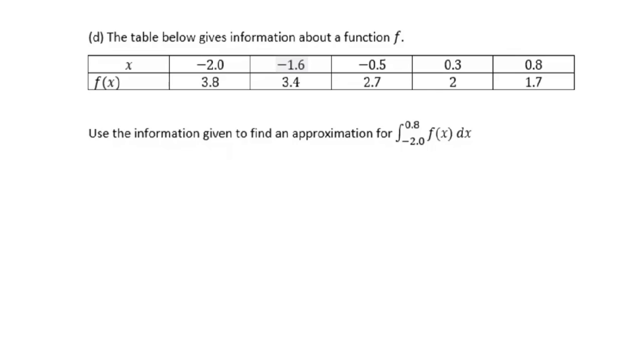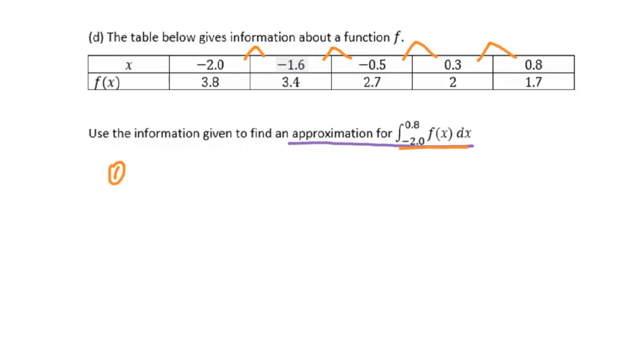The table below gives information about the function f. Use the information given to find an approximation for this definite integral. We will use the trapezoidal rule to estimate this definite integral. So first step, you need to find the difference of x.